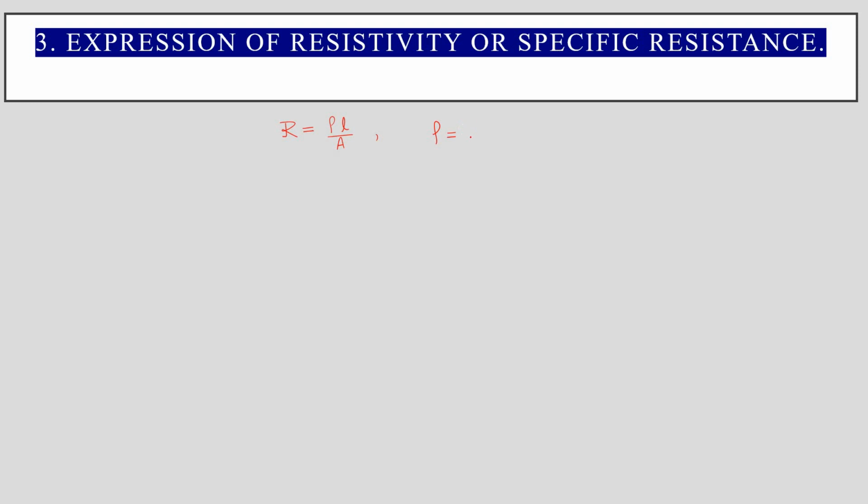First of all, it is a constant of proportionality and it is known as specific resistance or resistivity. Rho is a constant of proportionality obviously, but it has a name and the name is resistivity or specific resistance.